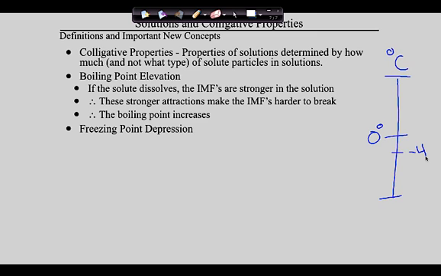So guys, what do we want to do in order to take care of that? Well, we would rather the water be a liquid than a solid. So what we need to do is figure out a way to get the water to remain a liquid at -4.